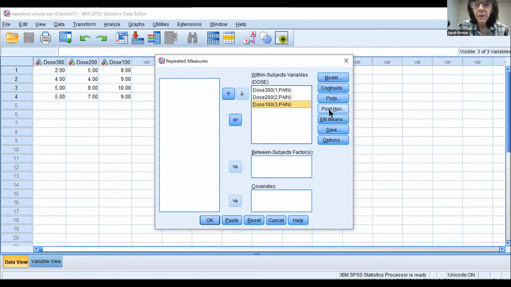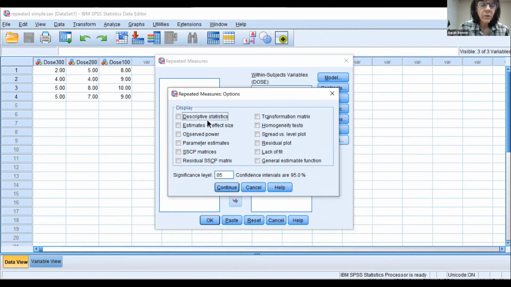So we're not doing that for now. We're not going to do post hocs until we find out if there are actually any differences, and probably there is a post hoc test that's available by default in SPSS with repeated measures, which is going to be the one that we're going to look at.